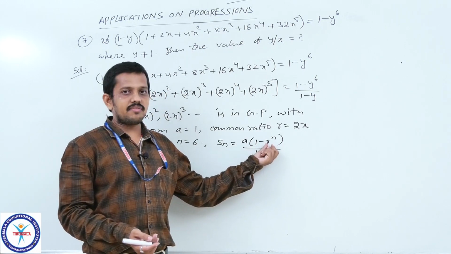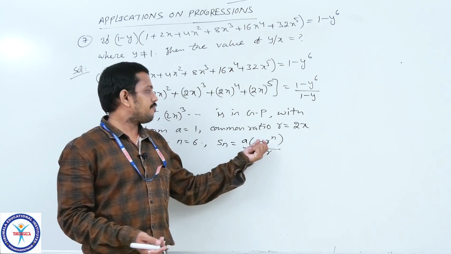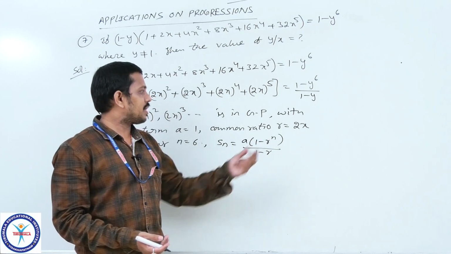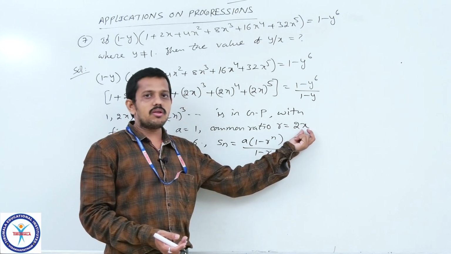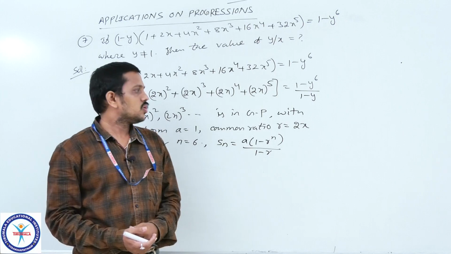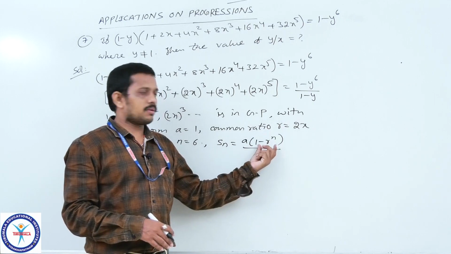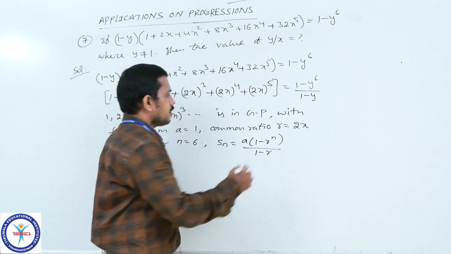If r is greater than 1 we write (rⁿ − 1) by (r − 1). If r is less than 1 then we write (1 − rⁿ) by (1 − r). But in this case r is equal to 2x. Without knowing the value of variable x, we can't say whether it is greater than 1 or less than 1. So in this case we will take the r less than 1 formula, a(1 − rⁿ) by (1 − r).